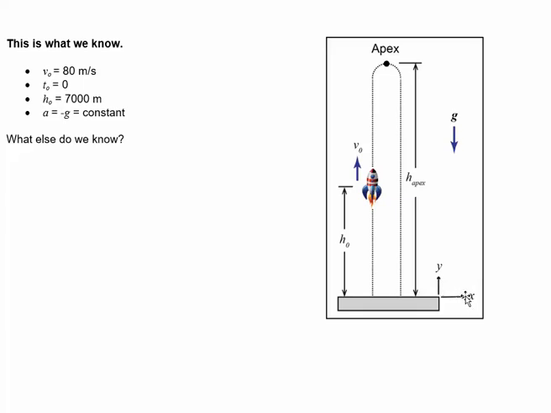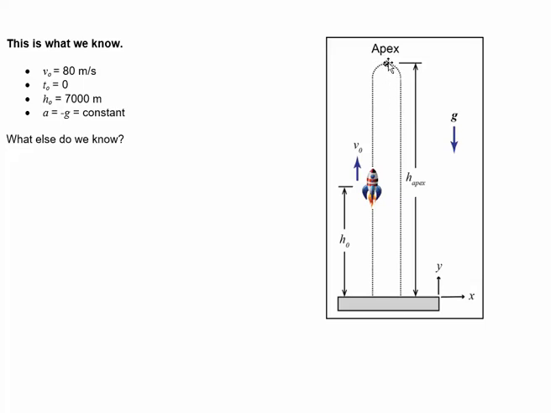Now, even though I'm using the xy coordinate, this is really just a rectilinear motion problem. It goes up, it goes down. So beyond what the problem gave us, what else do we know? If you look, what happens when the rocket slowly slows down and then loses all of its velocity and then turns back around?